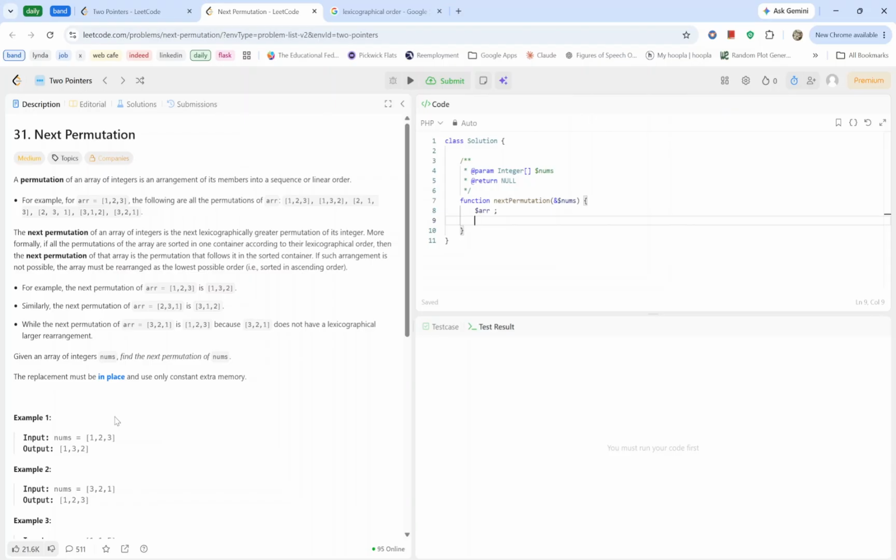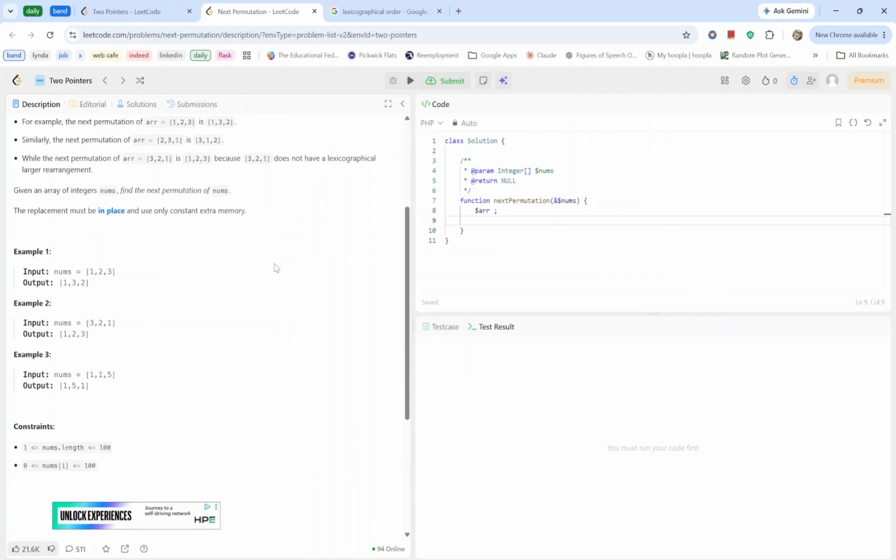I wouldn't know how to rearrange this. Let me see something. One, two, three, four, five, six, seven.